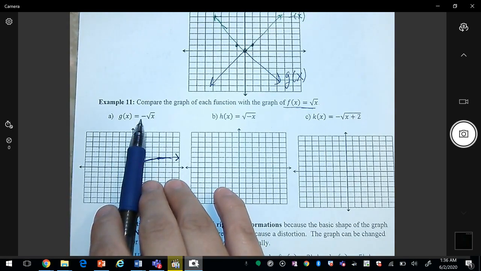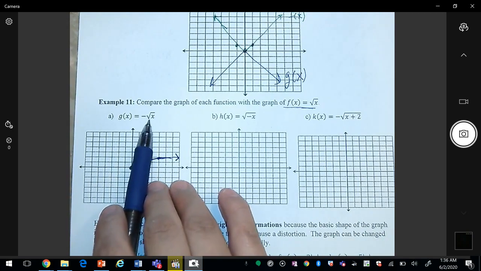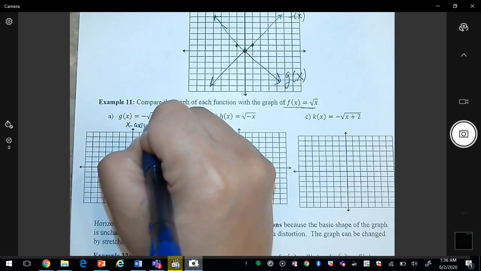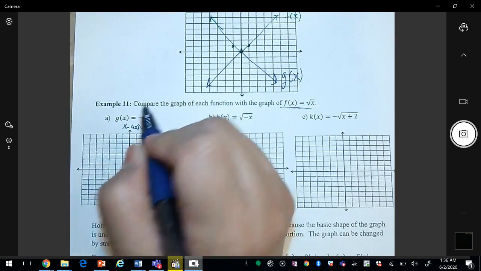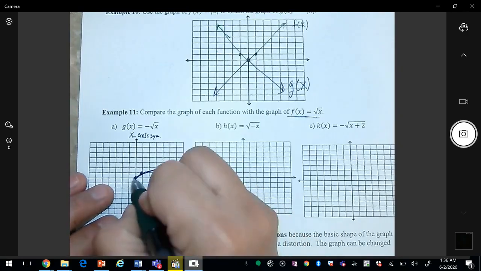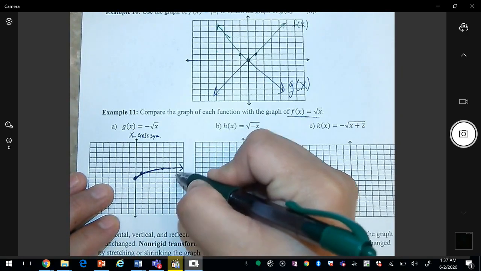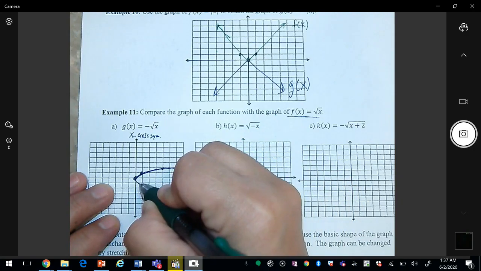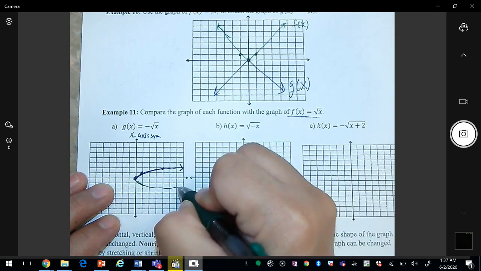Notice that the negative is on the outside of the square root of x. So this is going to have x-axis symmetry. In other words, it opens downward. And if I fold this graph on the x-axis, it's going to land down here.